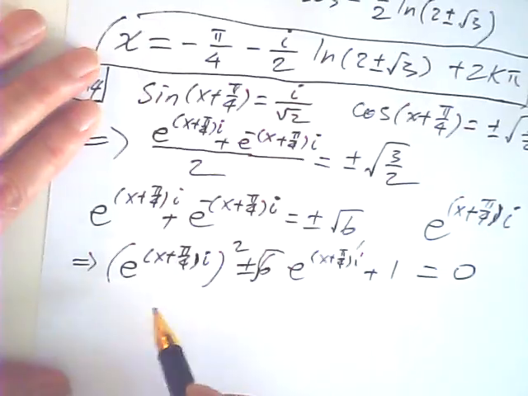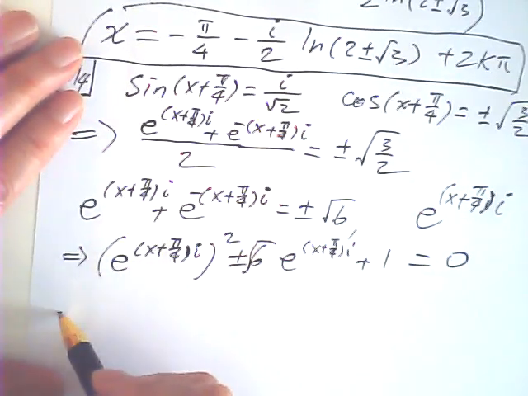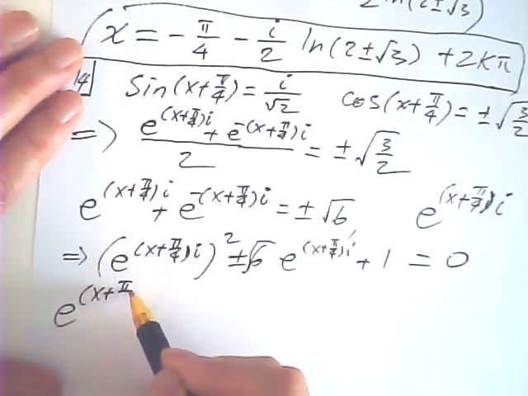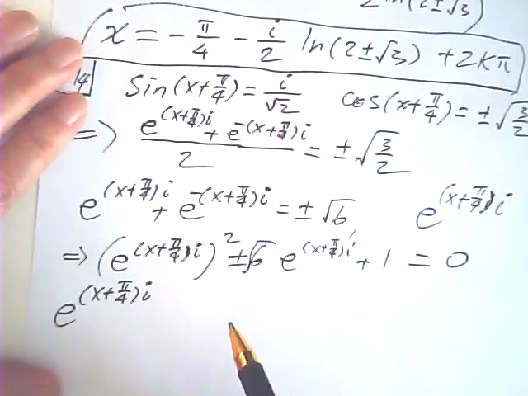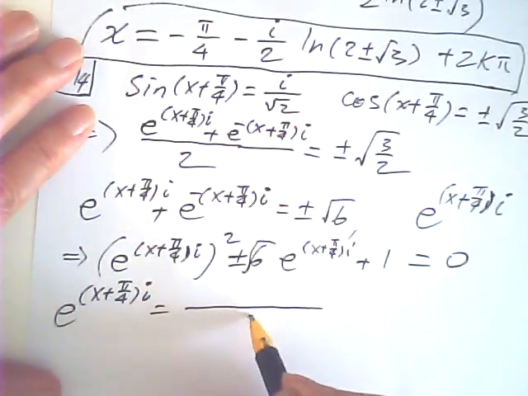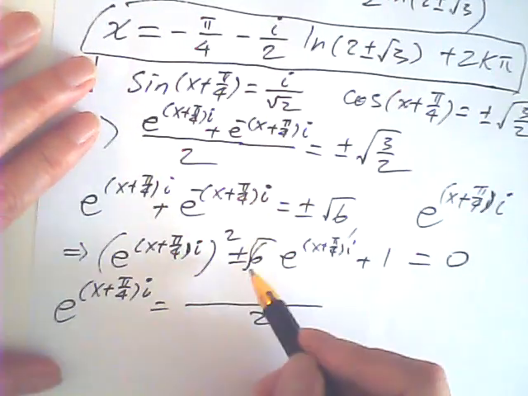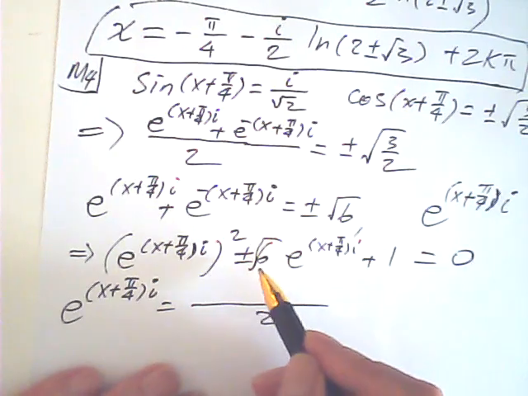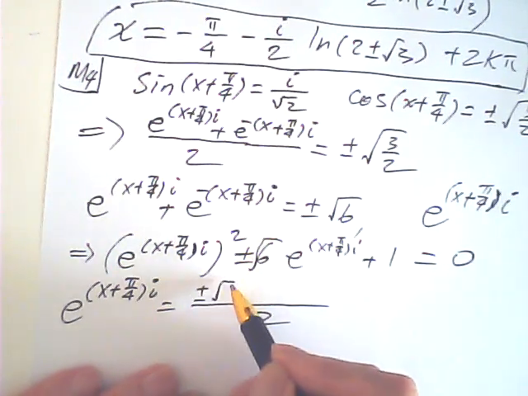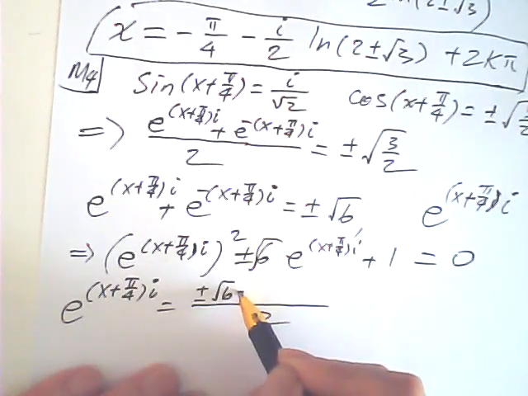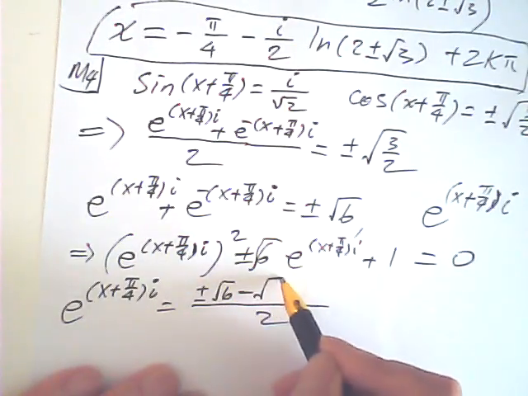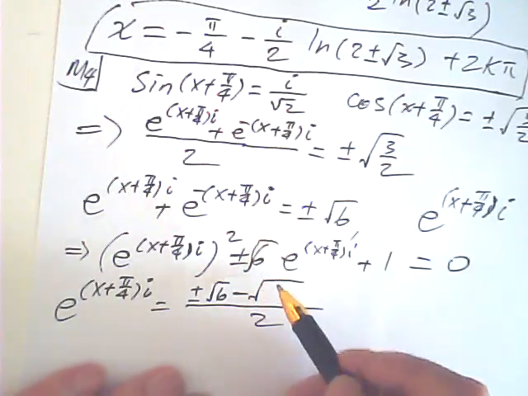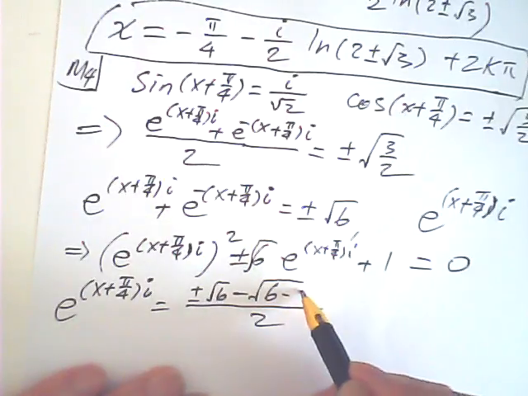So now by the quadratic formula, e to the x plus quarter pi i is equal to 2. This is still plus or minus root 6, minus this square, which is 6 minus 4.